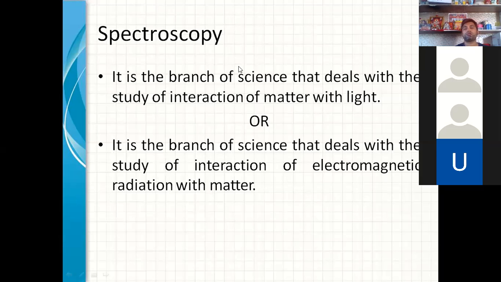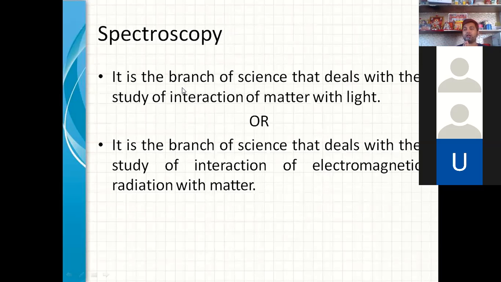So what is spectroscopy? Spectroscopy is the branch of science that deals with the study of interaction of matter with light. Light means electromagnetic radiation.